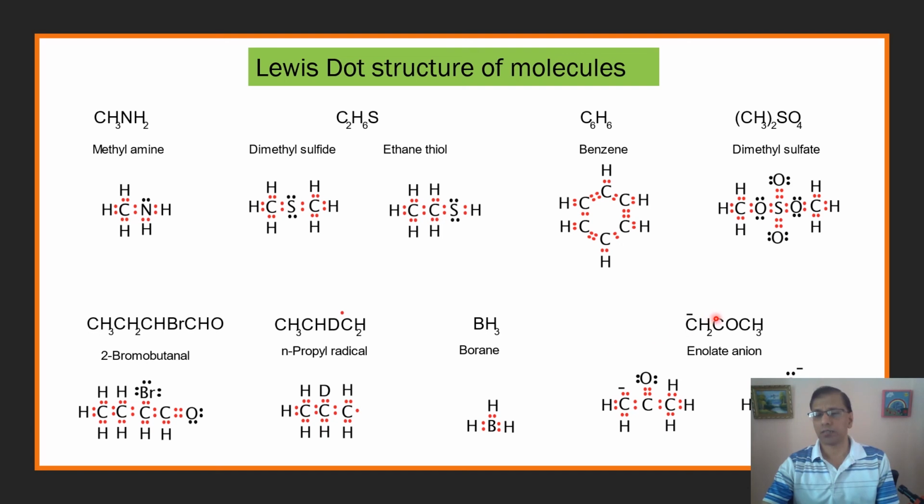So that's how you draw the Lewis structure of the enolate ion. These electrons can jump onto the oxygen, and this negative charge can form a double bond between the two carbons. That's the topic of resonance, and please refer to my video on resonance structures to learn more about resonance.